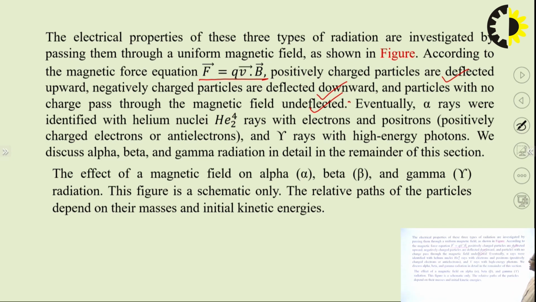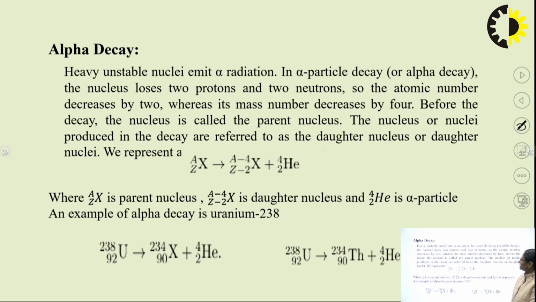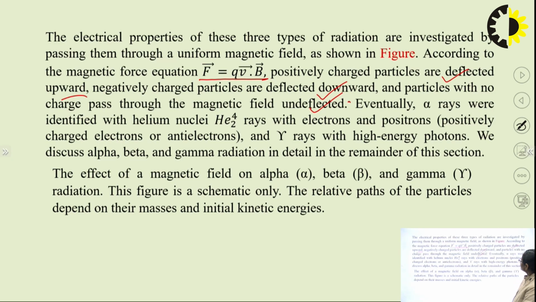So, positively charged particles are getting deflected upward, negatively charged particles are getting deflected in the downward direction, and the particles without any charges will remain undeflected, right?